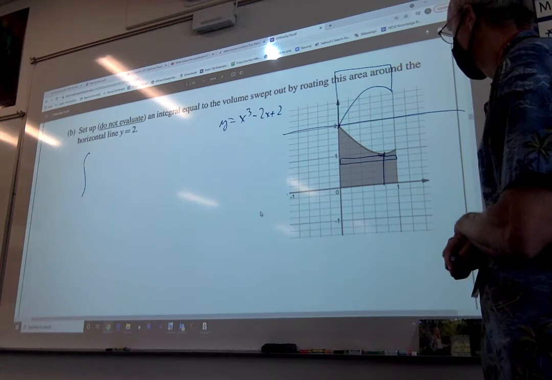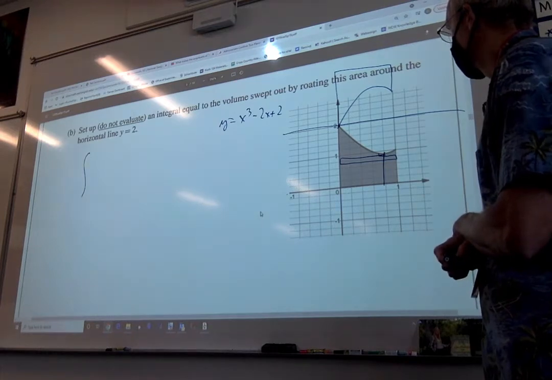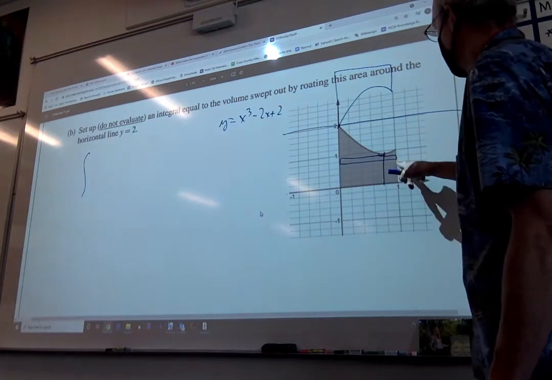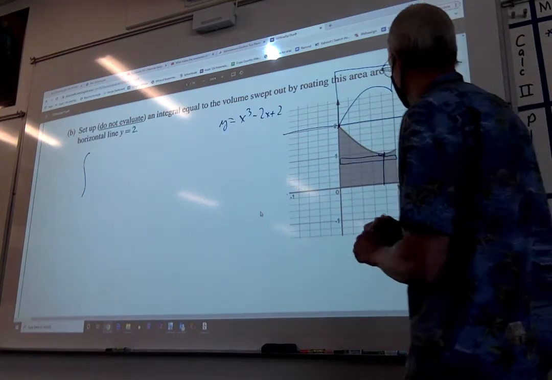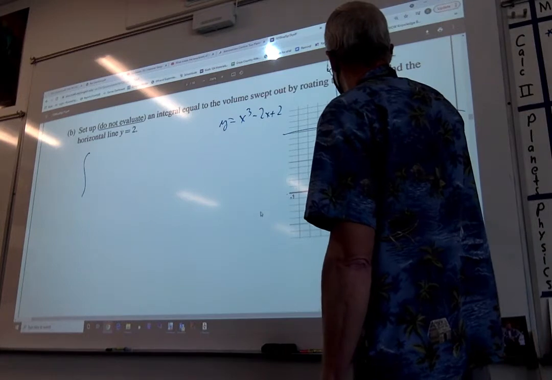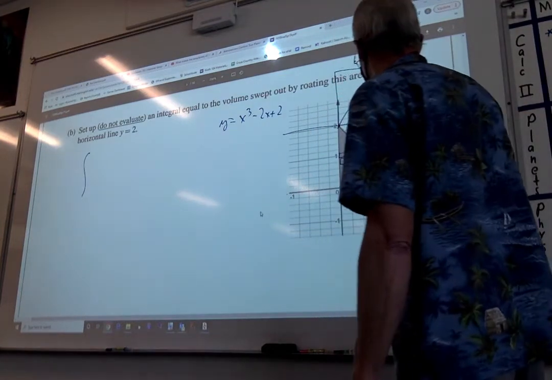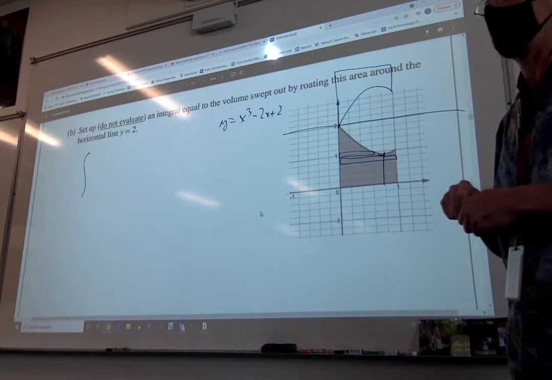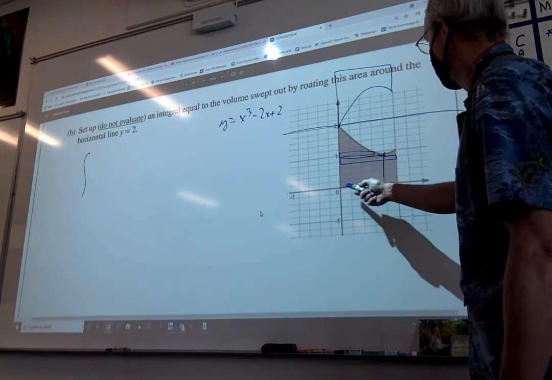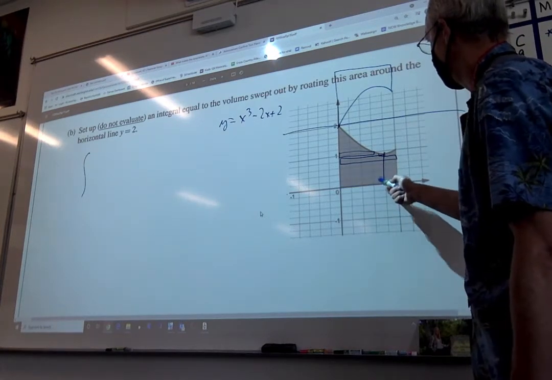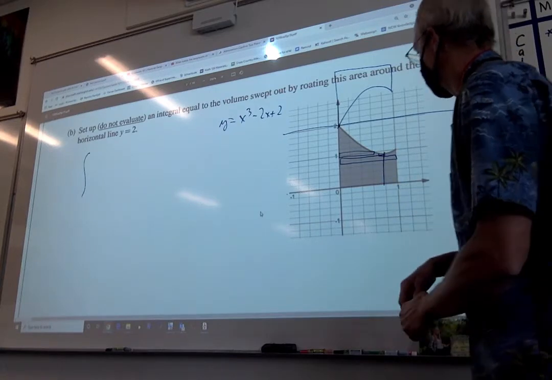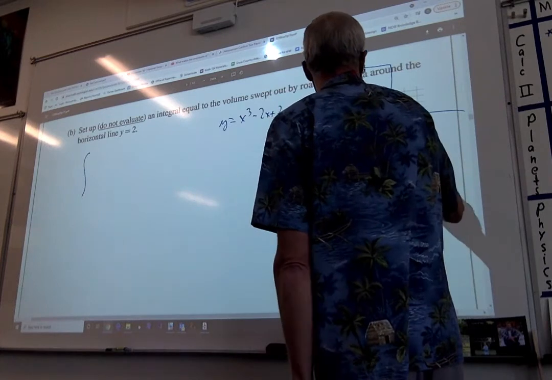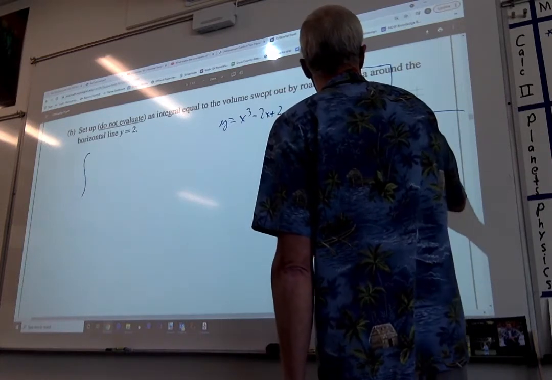We did it standing up on the top one. Yeah, but before it was always from this side to that side. But here it kind of jumps. So I think we have to break it up into two integrals where x goes from here to here and then from here to here. It's like two different problems. So we need to figure out where that point is.